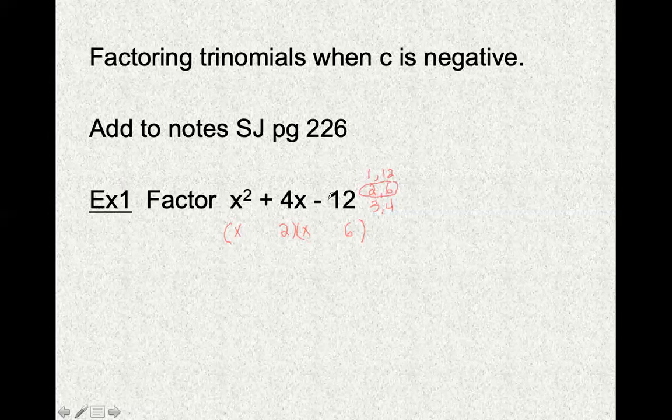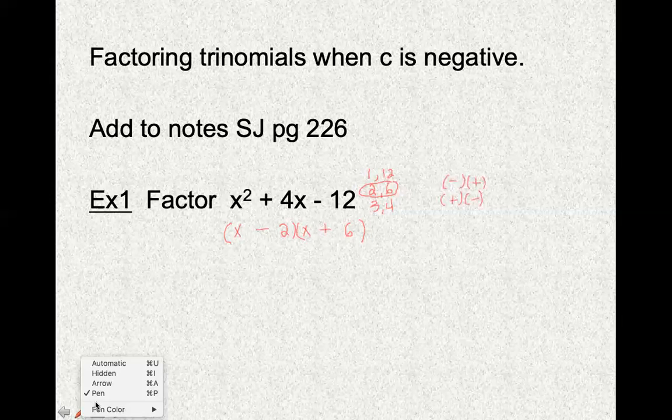Now, the only way you're going to get a negative number when you multiply is to either multiply a negative times a positive, or a positive times a negative. So our signs have to be opposite. All right, so how do you decide which one's positive and which one's negative? Let's look at the middle term. In this case, our middle term is positive. So that means our bigger number must be positive and our smaller number must be negative.